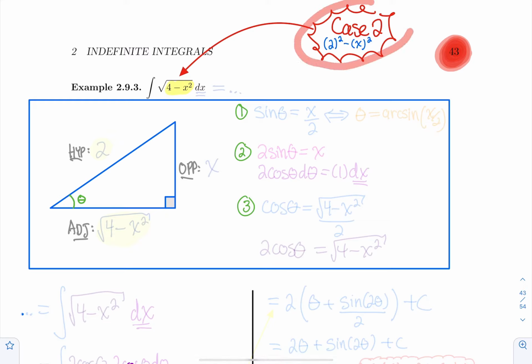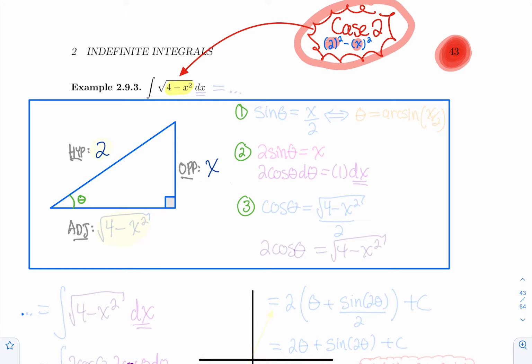Kind of overdoing it here, but just to make sure that you're going to set up a right triangle that is actually correct. In a difference of squares, the first term, which is 4 or 2 squared, so 2, is going to be your hypotenuse, and x is going to be your opposite side. You could put it as the adjacent side, but it's going to be easier if you put it at the opposite side.